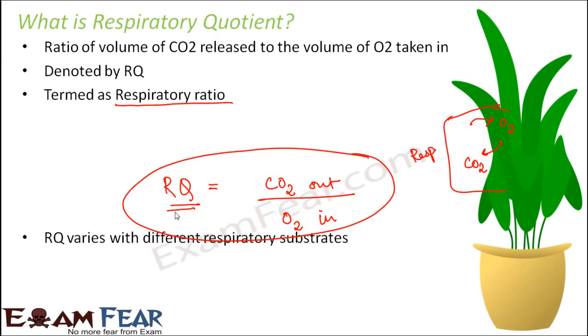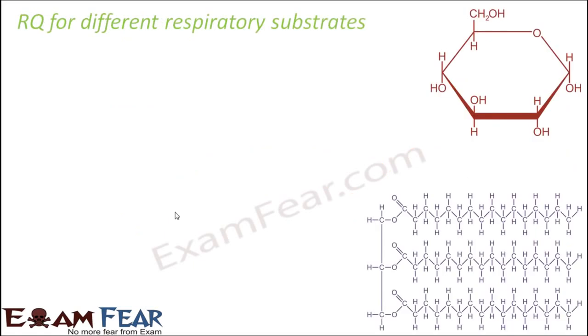Now, the value of respiratory quotient varies with different respiratory substrates because every substrate has its own capacity to give out carbon dioxide when given a particular amount of oxygen. So let us look at some of the different substrates. Let us talk about carbohydrates, and let us take glucose. Glucose is C6H12O6.